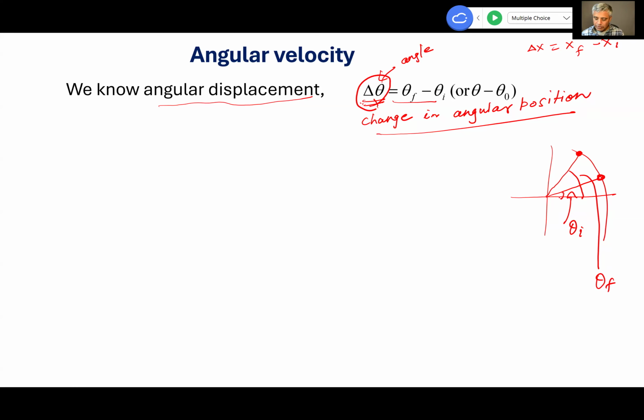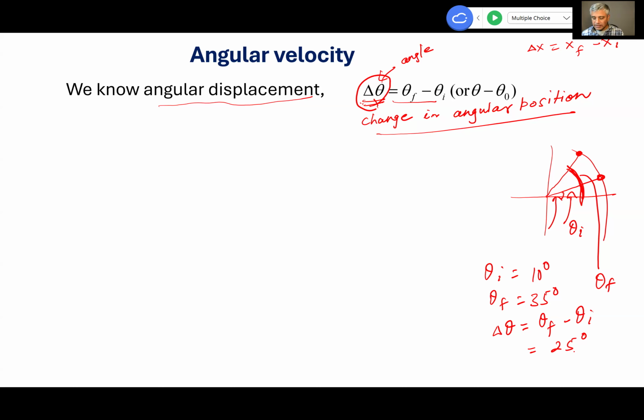For example, let's say this was 10 degrees and this whole thing is 35 degrees. So theta I is 10 and theta F is 35, which means the angular displacement in this case is final angular position minus initial angular position, so 35 minus 10 is 25 degrees.